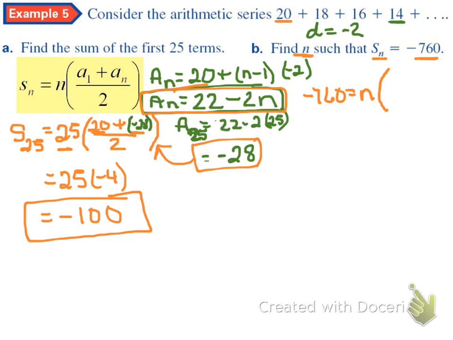We know the first term, 20. But because we don't know what the last term is, we don't know if this is 25 terms, 26 terms, we don't know. Okay? So what we have to do is put in our rule for any term. We know that any term is equal to 22 minus 2n. So for our last term here, we would put in the 22 minus 2n.